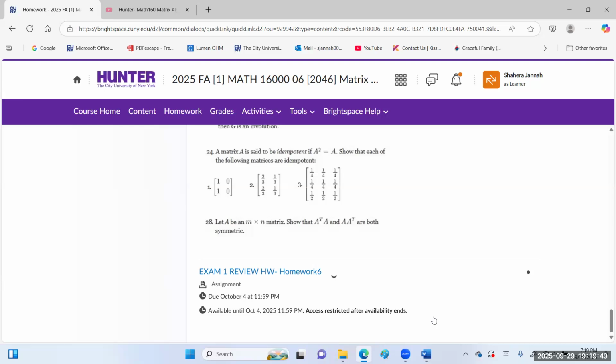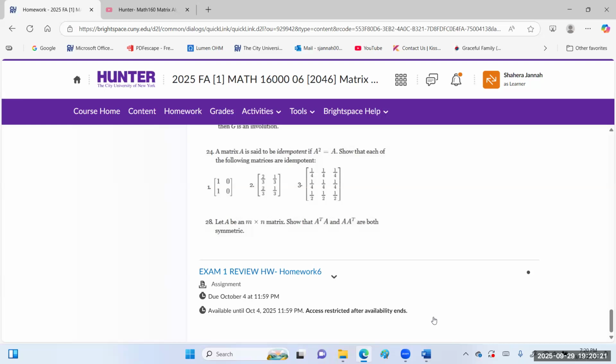The other homework are based on completeness, and I check only one question for everyone. If you have that question correct, then you get full points. If you get that question wrong, then I'm going to take off points. But for the review sheet, it's based on completeness plus correctness. How many you get correct? How many you completed? Based on that, you get your review sheet grade.